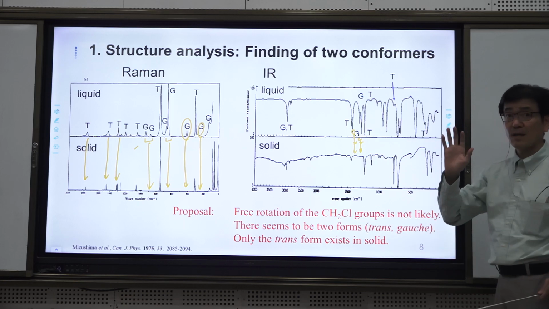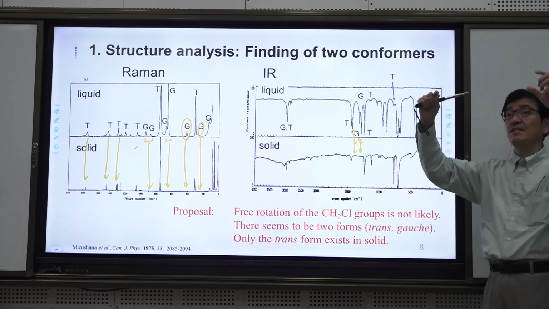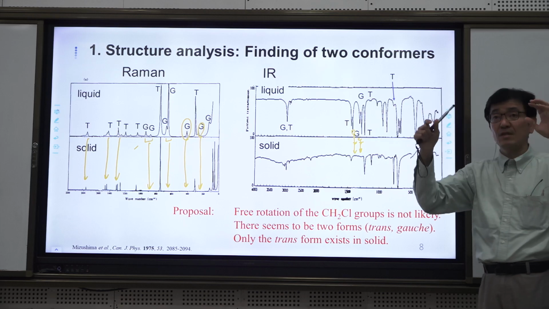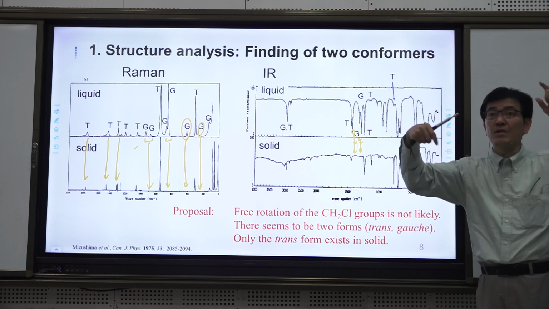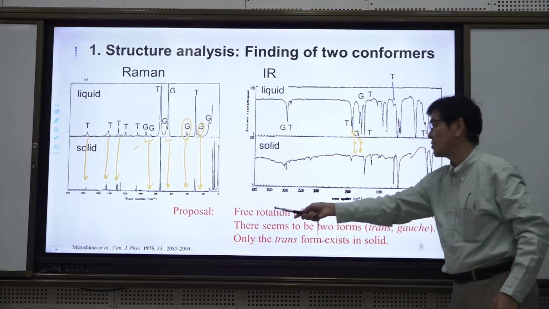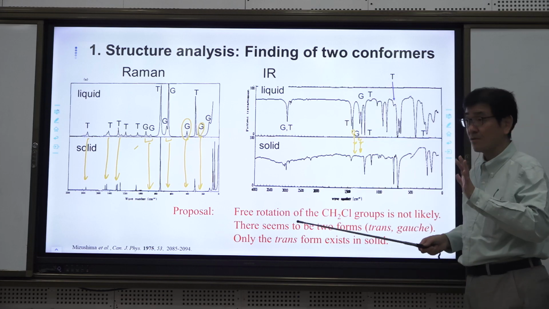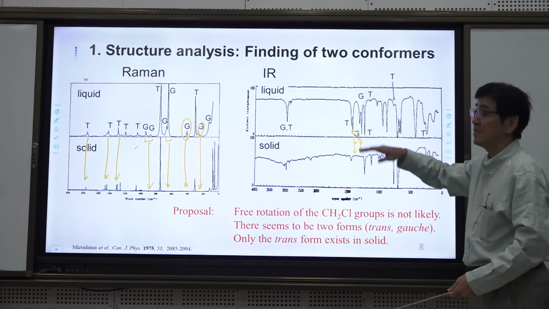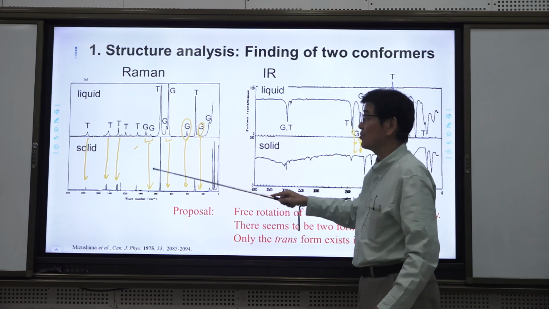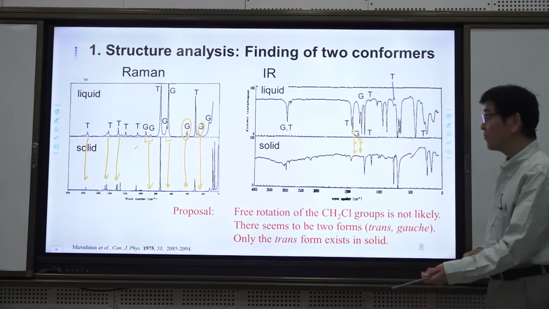A long time ago, it was believed that the rotation of the CH2Cl group along the CC bond was free rotation. If that is a free rotation and there is no difference in the energy, both structures should coexist even in the solid phase, but it was not the case.